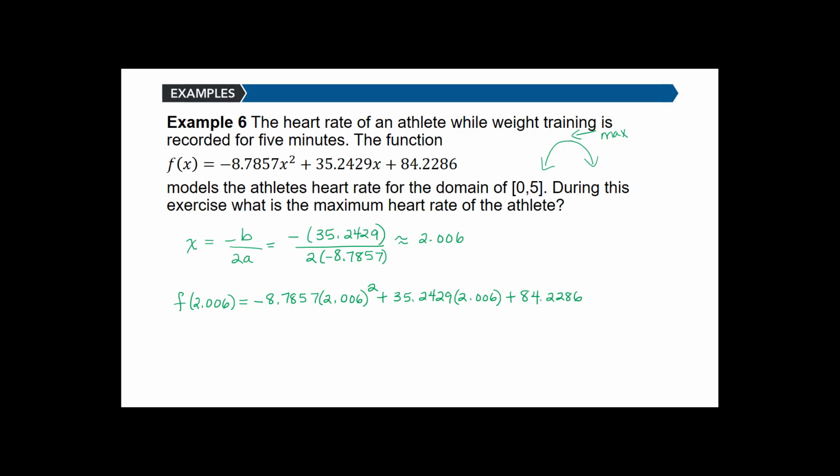And we can use our calculator to find this value, and we get this is equal to 119.572. So what is the maximum heart rate of the athlete? So almost 120 would be the maximum heart rate. And when did it occur? It occurred about 2 minutes after starting the weight training.